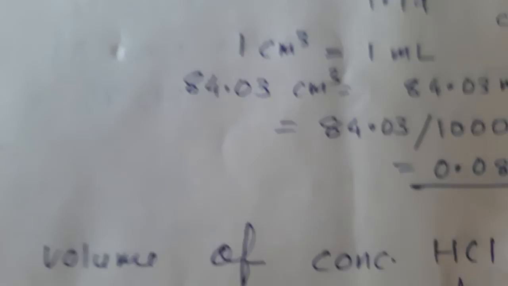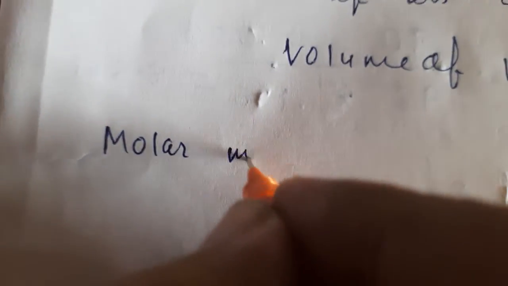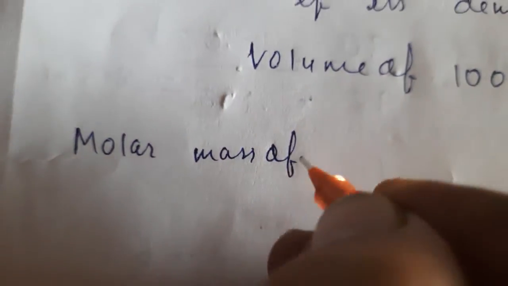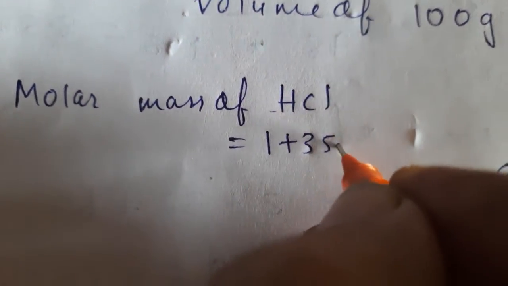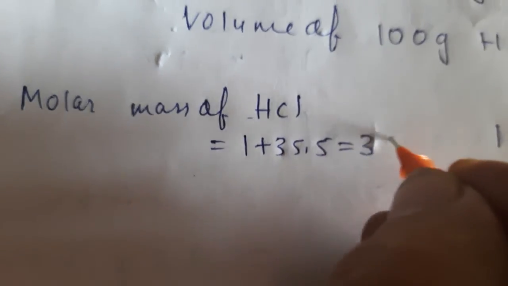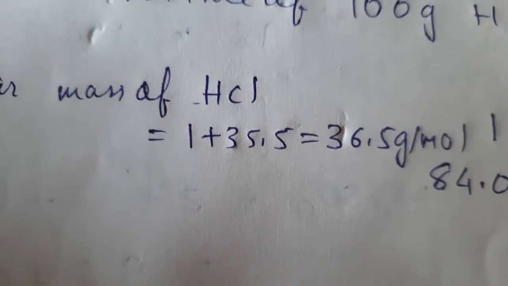Now the molar mass of HCl is 1 plus 35.5, which is 36.5 gram per mole. This we have calculated.